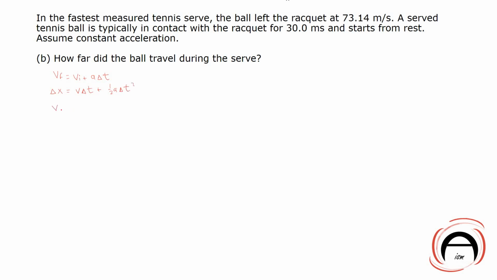And our third one is final velocity squared equals initial velocity squared plus 2a delta x. We're looking for how far the ball traveled, so we're going to have a delta x component in whatever we use. Immediately we eliminate our first equation, so we're left with numbers 2 and 3.